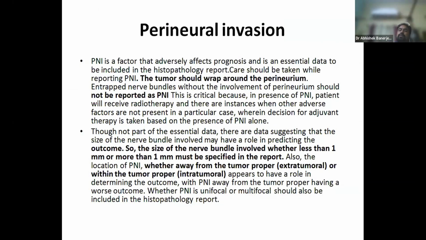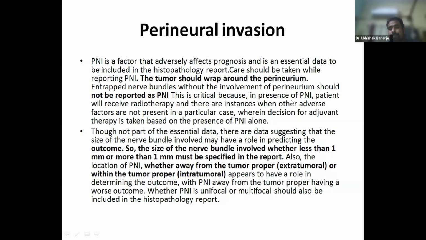Next is the perineural invasion. Perineural means the perineurium, so the tumor should wrap the perineurium. Entrapped nerve bundles, without involvement of the perineurium, should not be reported as PNI.